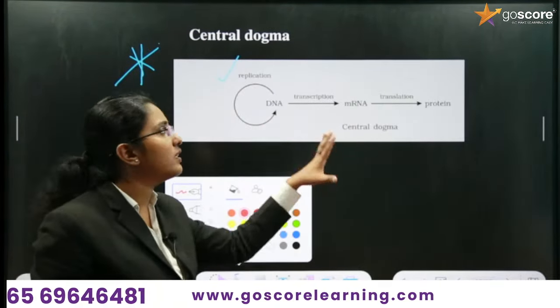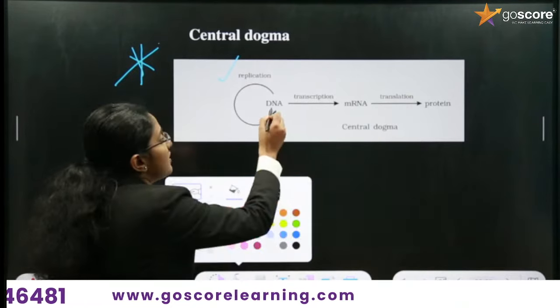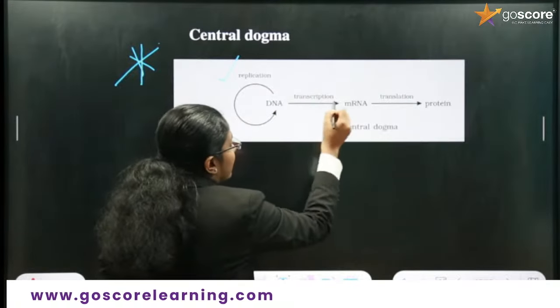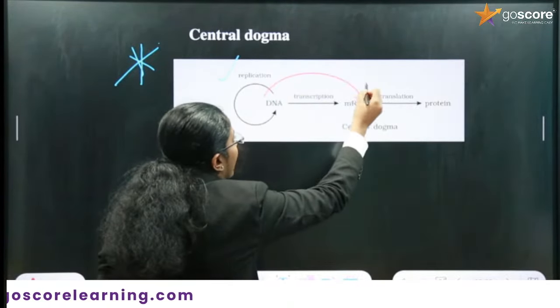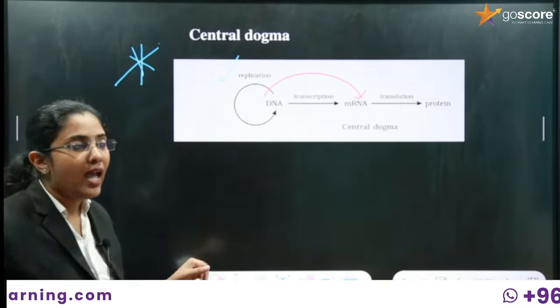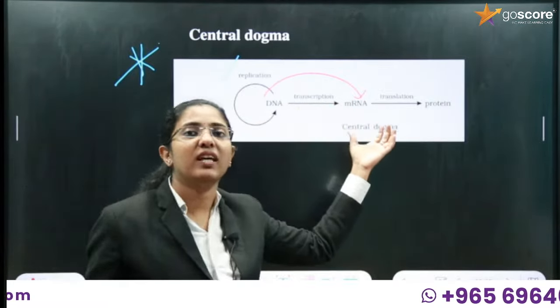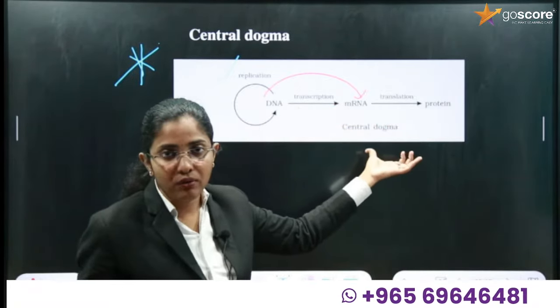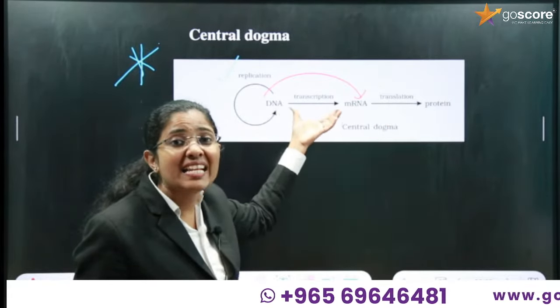The next thing we have to learn is about replication. From this DNA, what is formed? mRNA is formed, and this mRNA is formed with the help of a process called transcription.